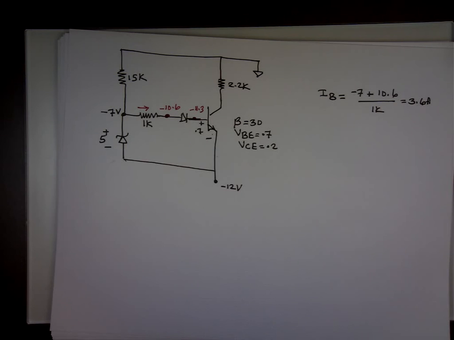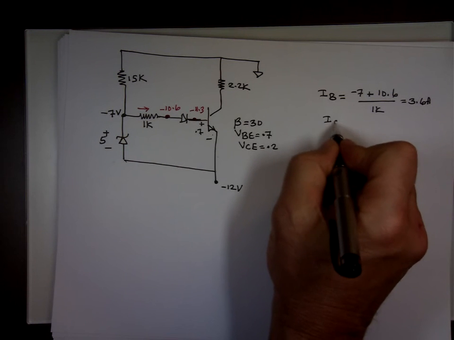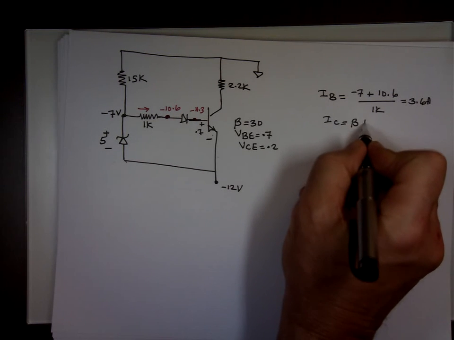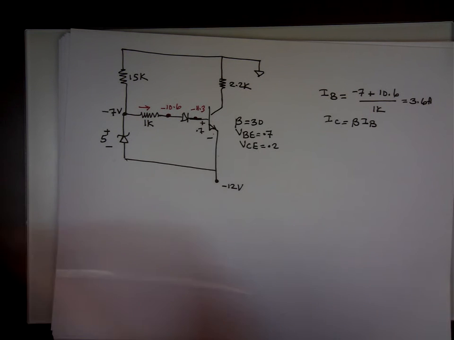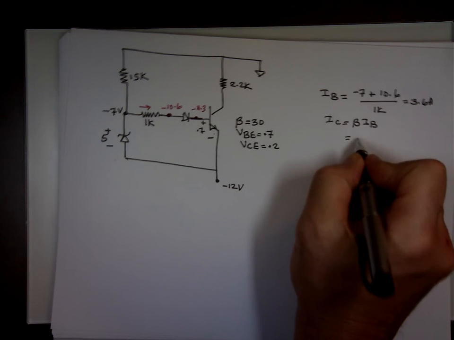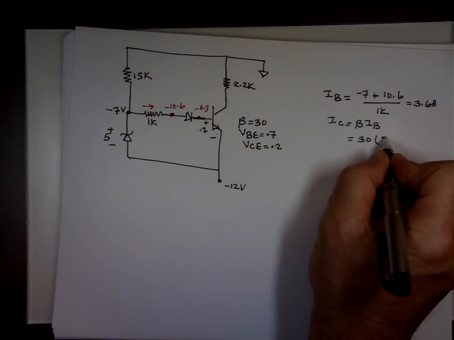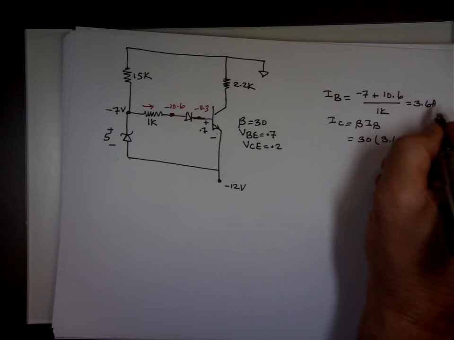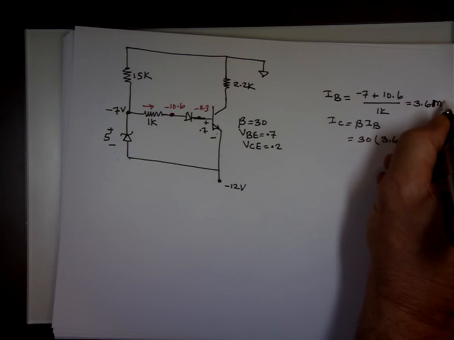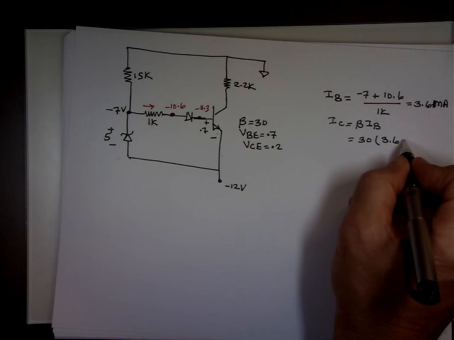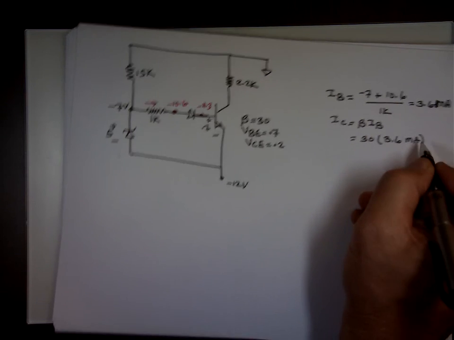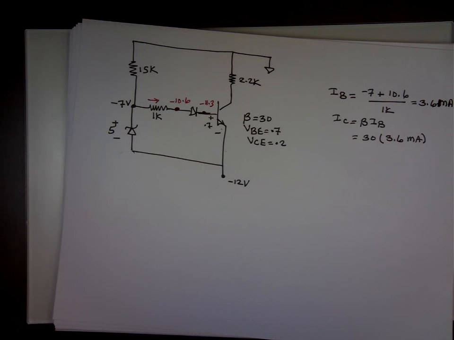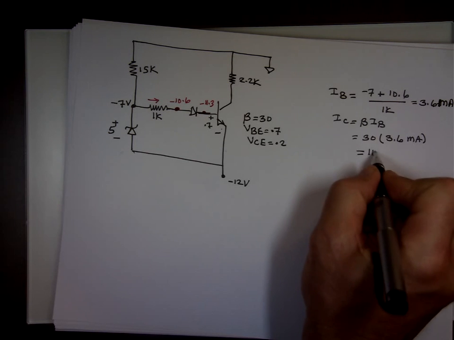If that's 3.6, that means I sub C is going to equal what? Beta times I sub B. Now I'm assuming this is in active mode, not in saturation. So if this is active, that's going to be 30 times 3.6 milliamp, so times 30, that's going to be 108 milliamps.